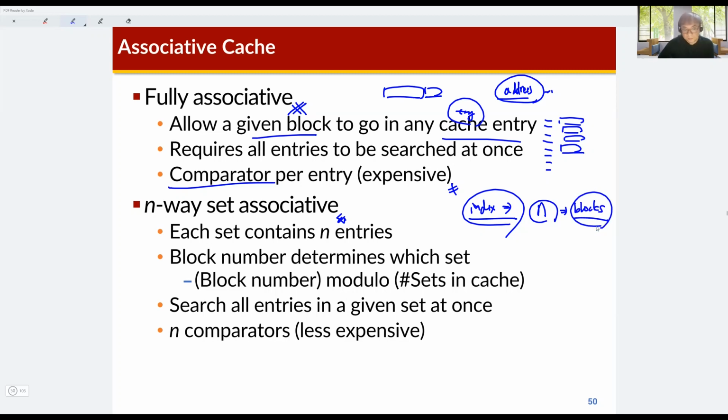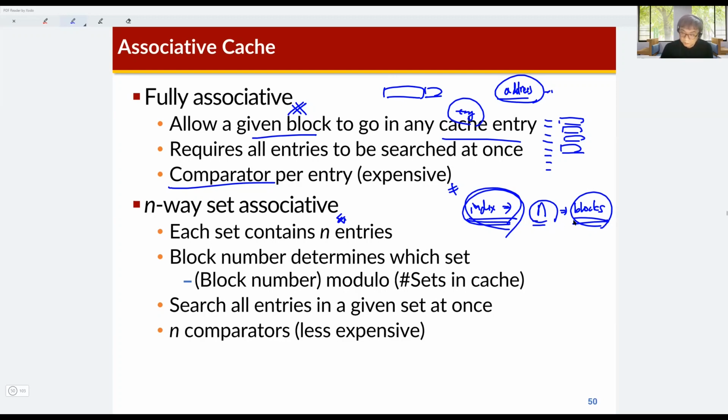In the direct mapped cache, one cache index can include only one cache block. But the n-way set associative cache is different. With the n-way set associative cache, one index can include n blocks, multiple blocks. Okay.